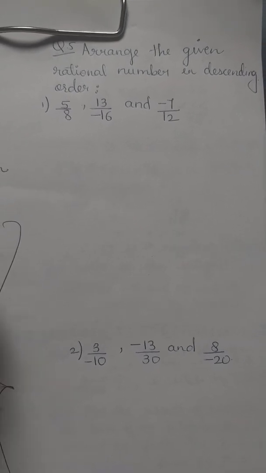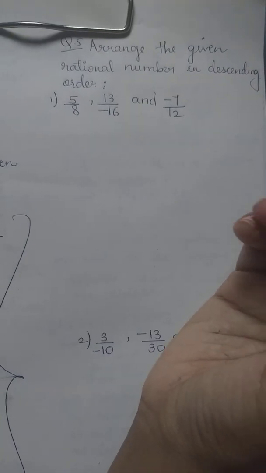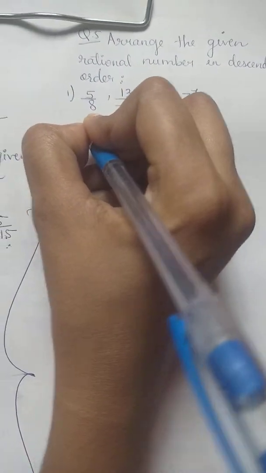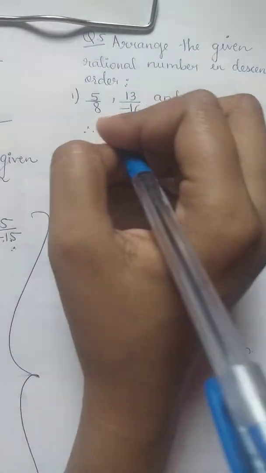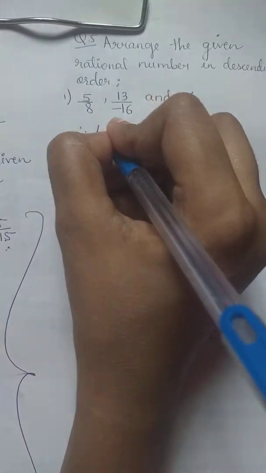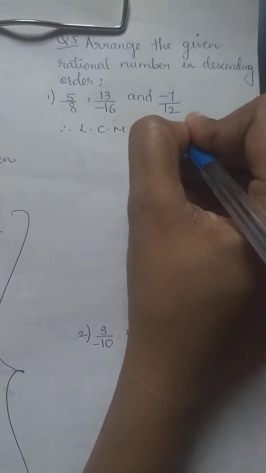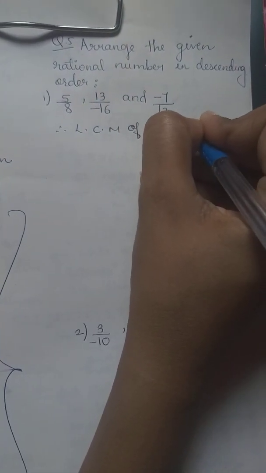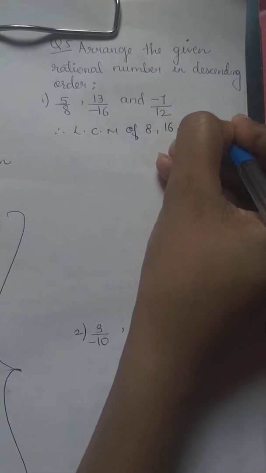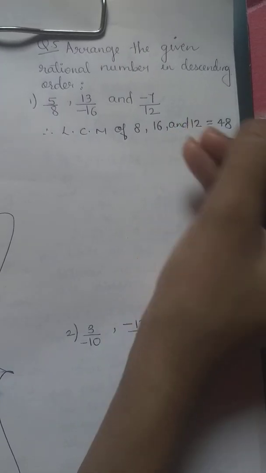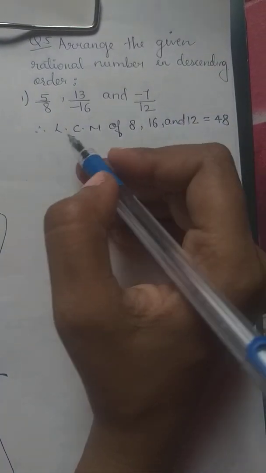Okay, so find the LCM of the numbers. So therefore, the LCM of 8, 16 and 12 is equal to 48. And you will find the LCM this way.